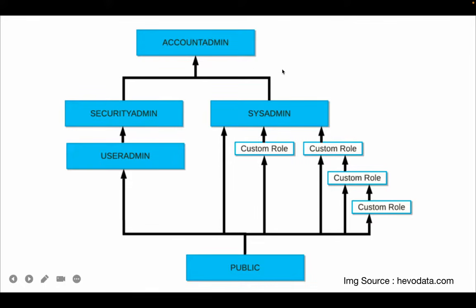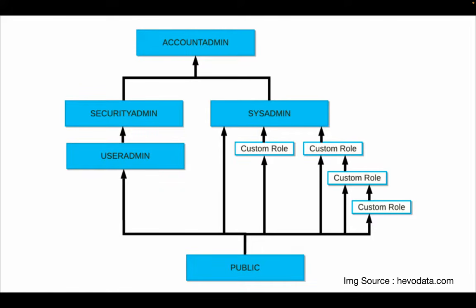First is account admin. This is the highest level Snowflake role. It should be heavily limited in access and encapsulates system admin and security admin. Security admin: this role is used for managing any object grant globally and therefore is granted the manage grants privilege by default.